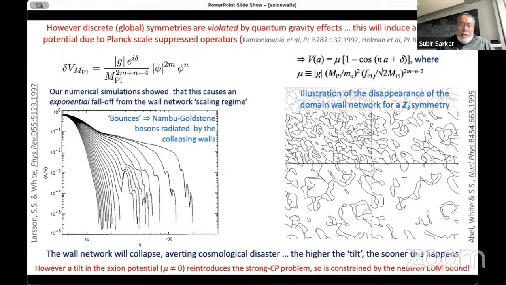We have a constraint from a cosmological requirement, but you have an opposing constraint from laboratory experimental physics. And that is a good situation to be in because the answer has to be in between them. It has to satisfy them both.